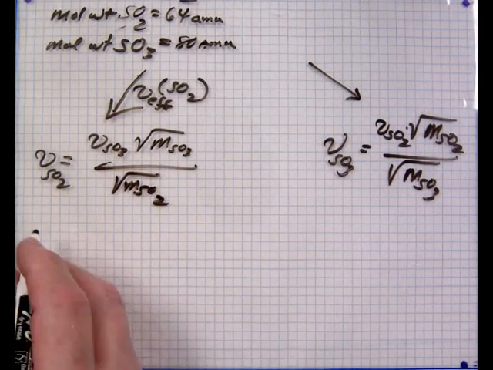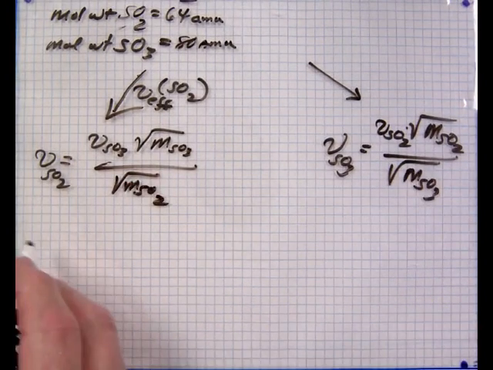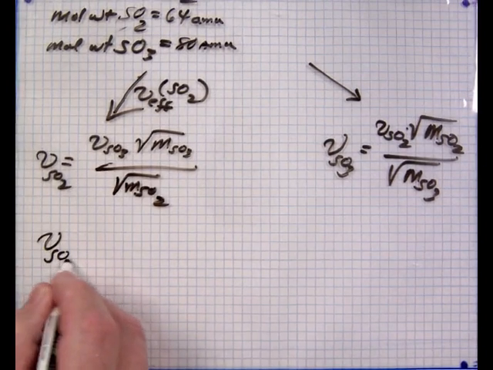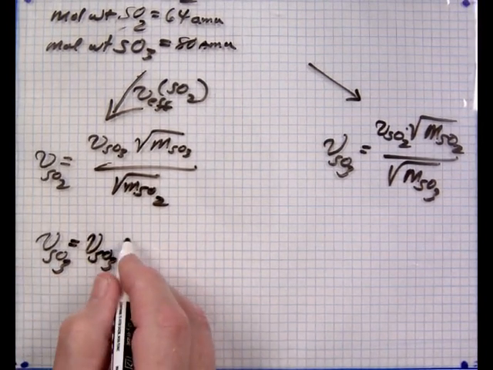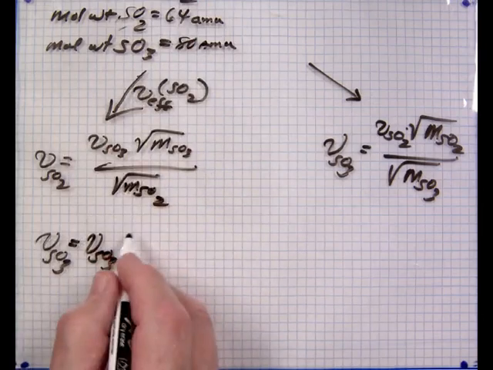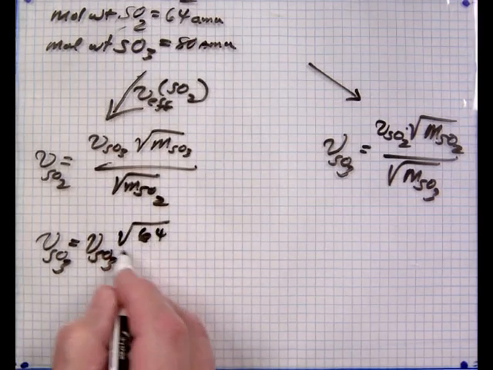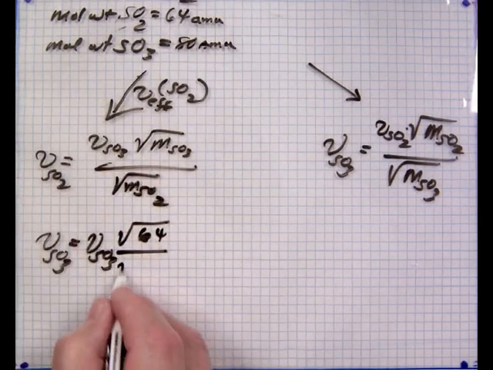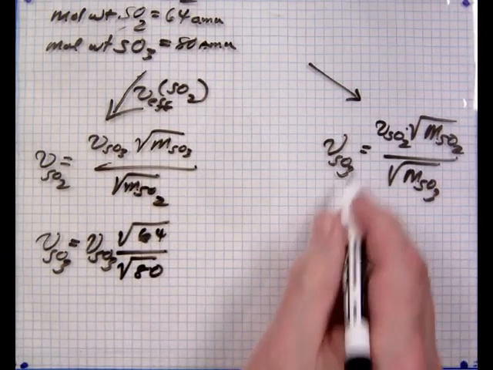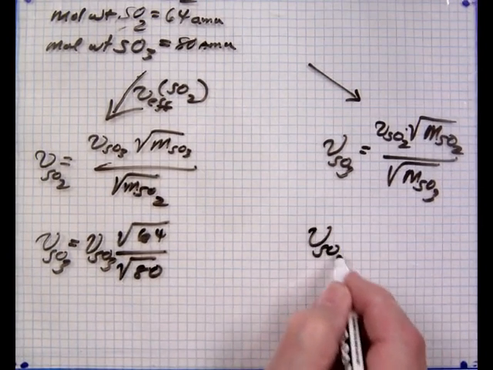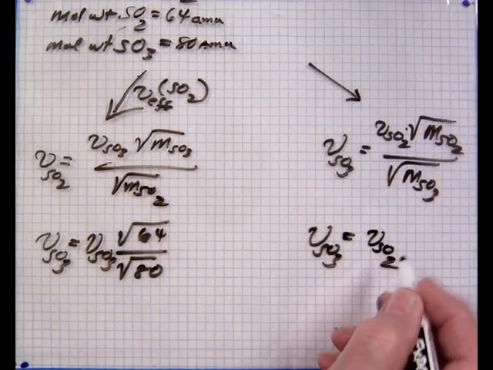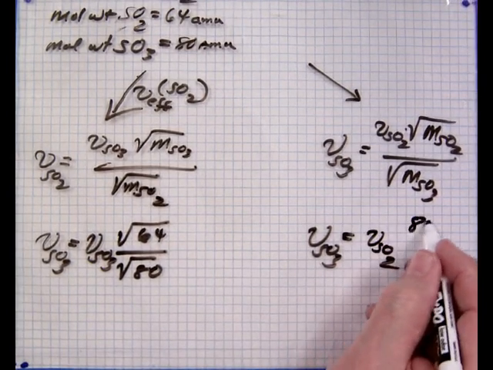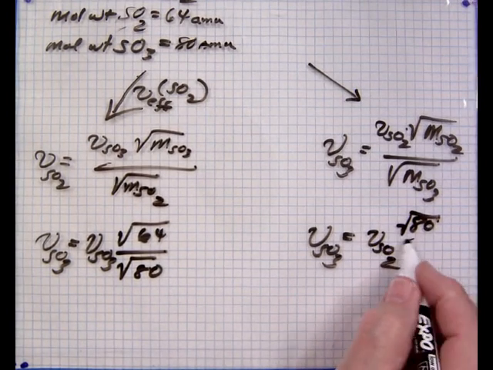So substituting in, what we have is a ratio. You'll see what I mean in just one second. For SO2 it was the square root of 64 divided by the square root of 80, and for this one, velocity of SO3 is velocity of SO2 times the square root of 64 over 80.